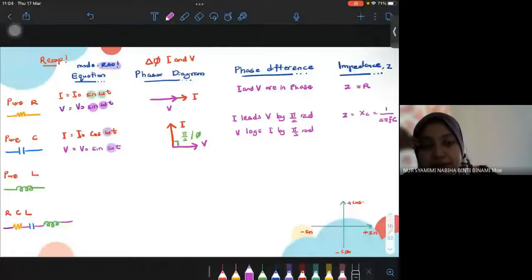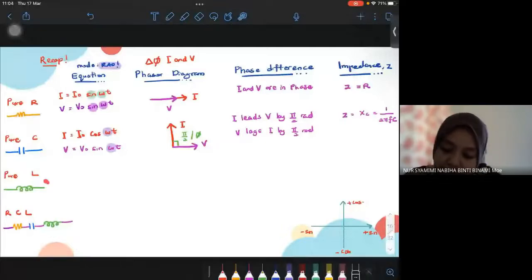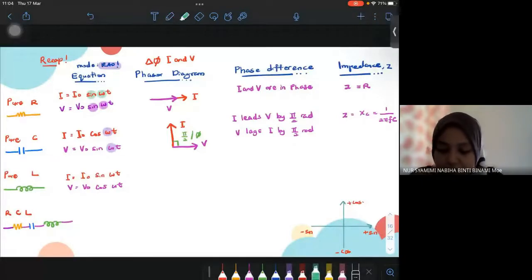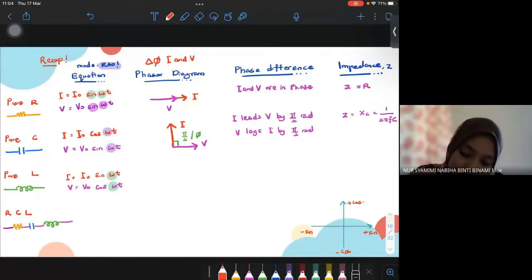Next, we have pure inductor. Inductor simbolnya ialah L. Then, this is the symbol for the inductor. So, the equation for I in inductor, I is equals to I naught sin omega t. Then, V is equals to V naught cos omega t. Dia juga omega. Positive sin dia berada di kanan.